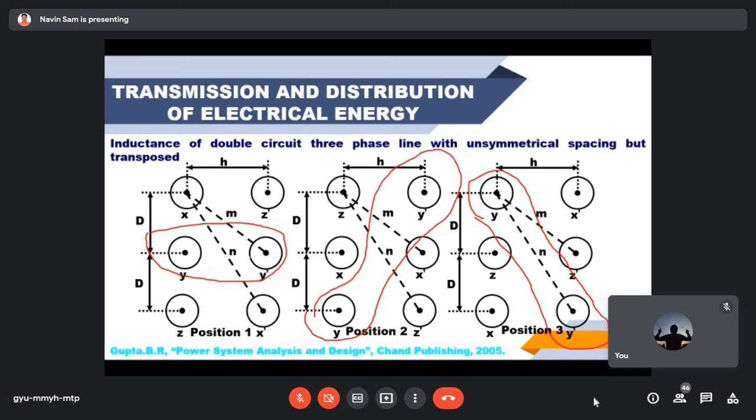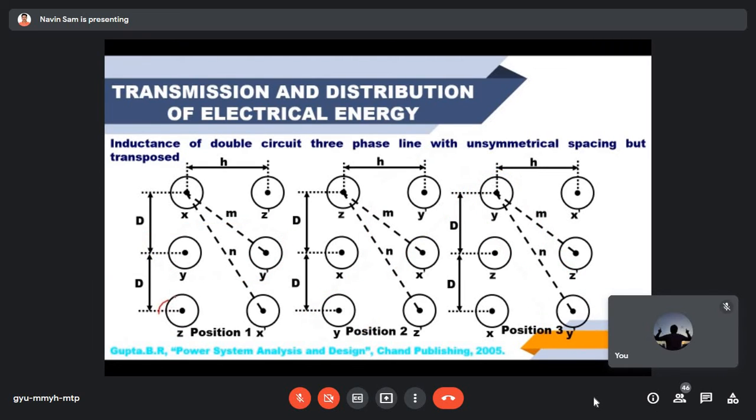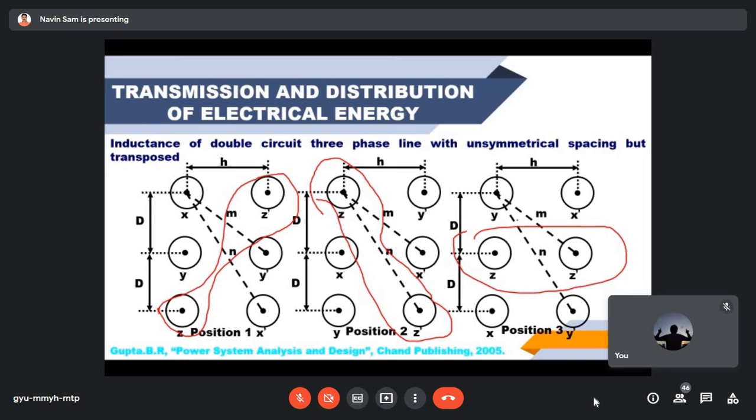Similarly, look at the Z position. Z is taking this as the first one, second one is this, and this is the third one. So all conductors will have the same structural arrangement, right?